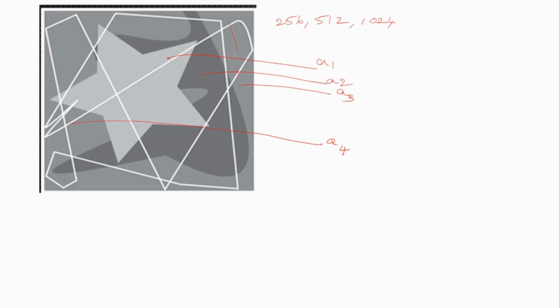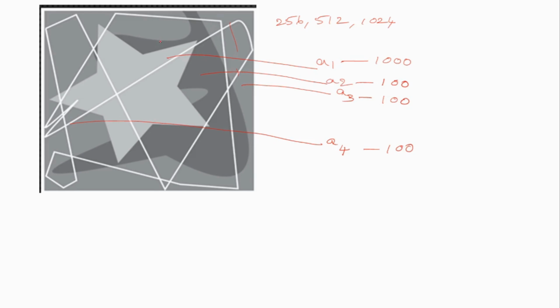Suppose 1000 pixels have the intensity value A1, and suppose A2, some other intensity value, has 100 pixels. Similarly, A3 also has 100 and A4 also has 100.